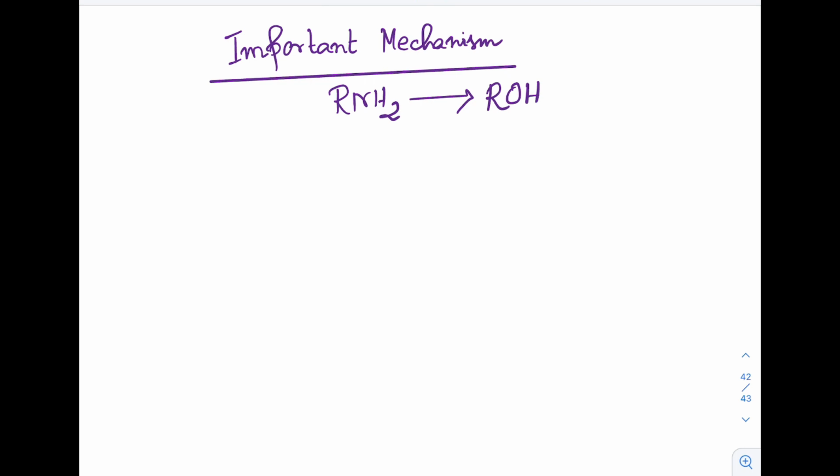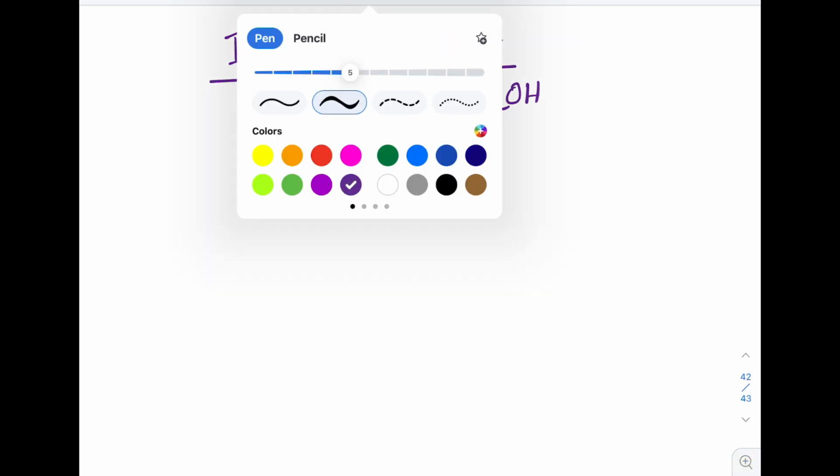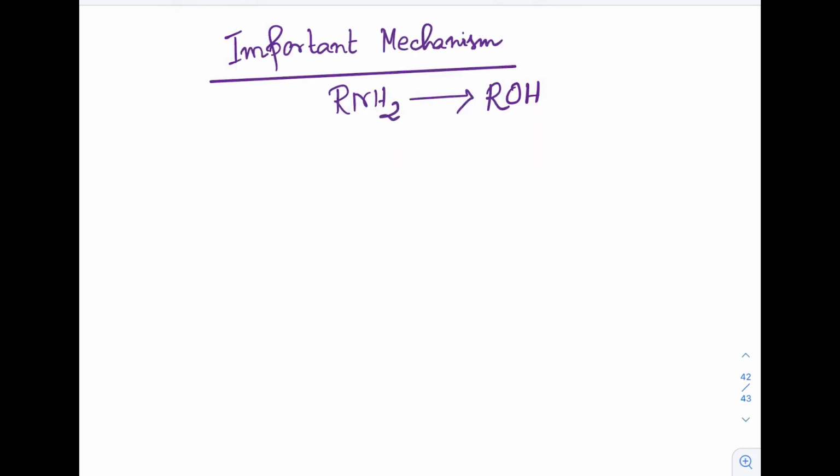In this video, we are going to discuss a very common reaction mechanism from RNH2 to ROH. That means from a 1 degree amine, we are going to get alcohol. And the required reagent is NaNO2 plus dilute HCl.